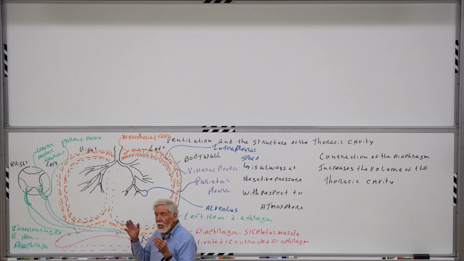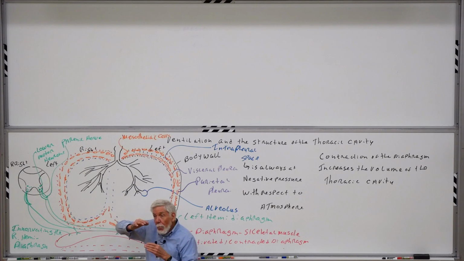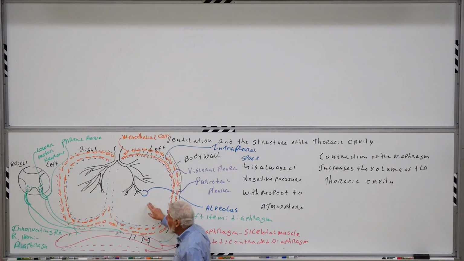It's called a pump handle action. So you basically swing the rib cage up by the contraction, and that increases the volume. And you're right, if there's some problem here with the phrenic nerve, then you can compensate for that to some extent by using the intercostal muscles.